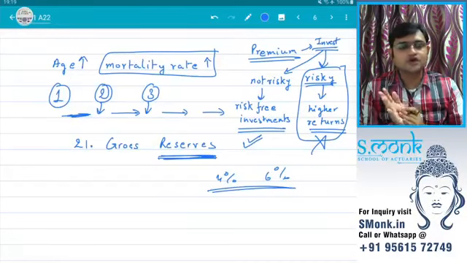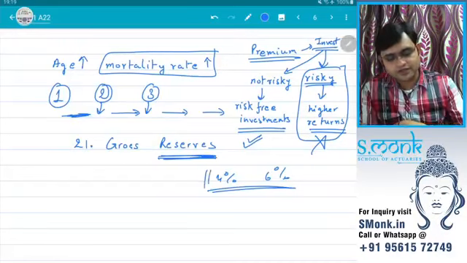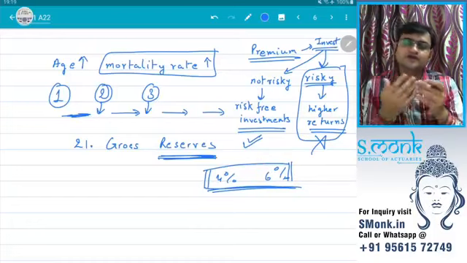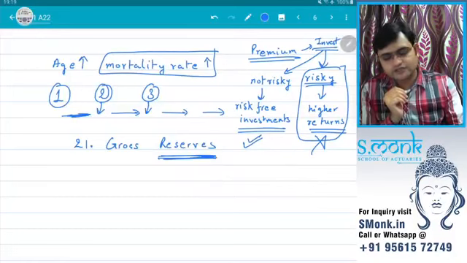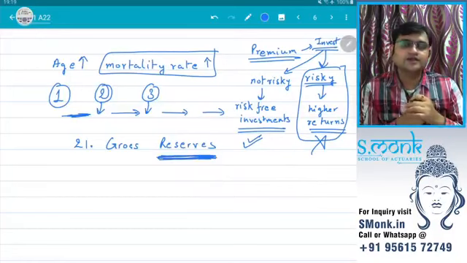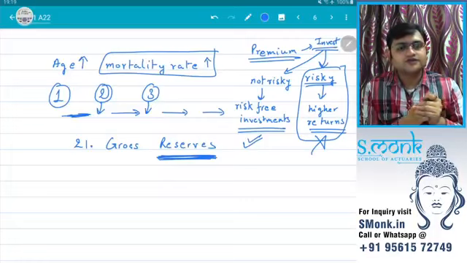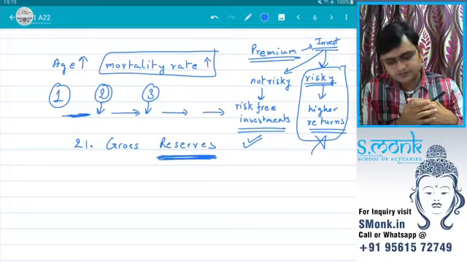Right? So we should not be gambling with that money. We'll be putting that money in risk-free rate of interest, whatever that might be. So all the calculations of reserve we'll be doing again in the risk-free rate of interest. That would be the 4% or 6% depending on whatever is given to us. Okay.